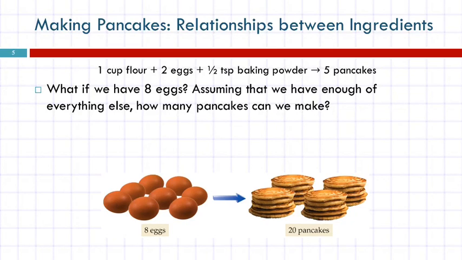So even though you can do this without writing it down, we need to learn how to do that. This comes down to dimensional analysis. So we've got 8 eggs, and we want number of pancakes. So our path is 8 eggs to pancakes.